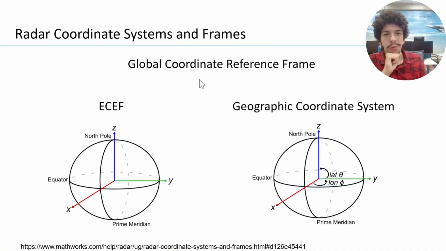For the global coordinate reference frame, we have ECEF, named Earth-centered, Earth-fixed. In this topic we have the North Pole, the equator line, and the prime meridian for X, Y, and Z, and geographic coordinate systems, utility the measurements for latitude and longitude.